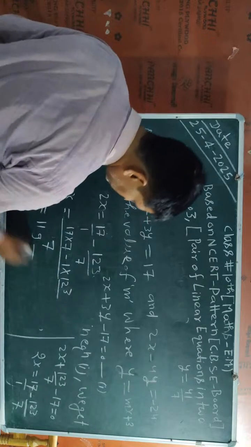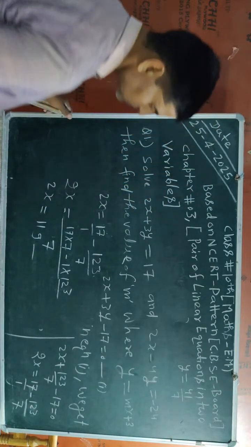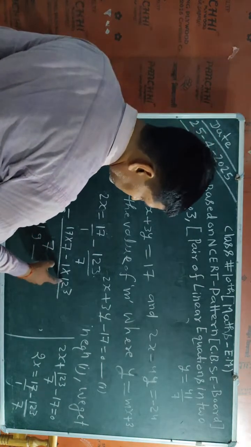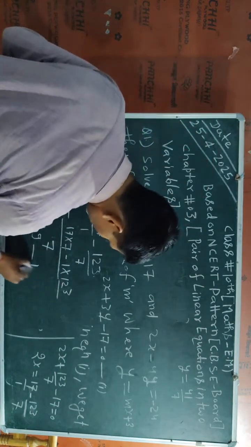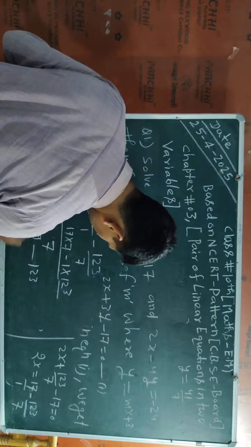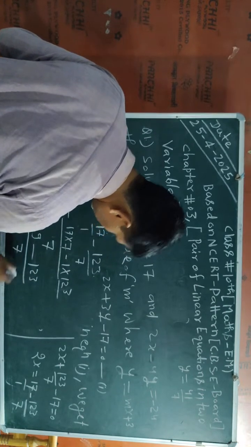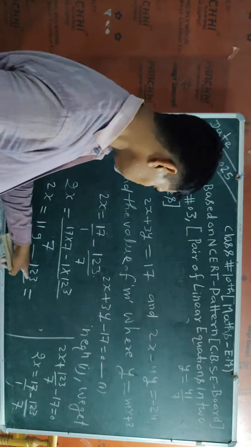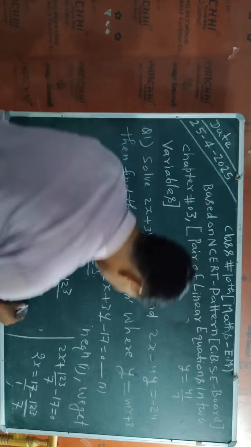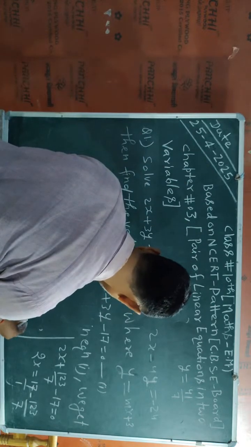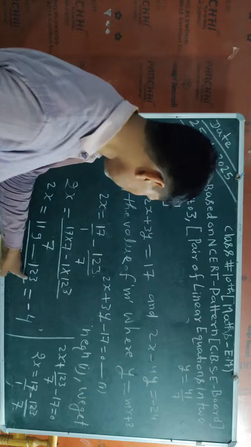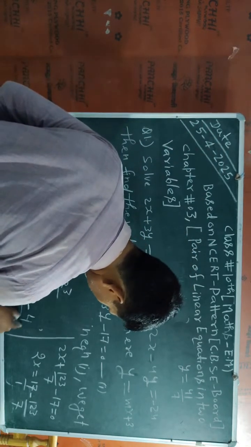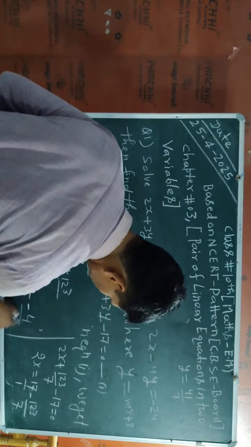Here I will put minus 123, that will be 123 divided by 7. So I will subtract, so it will be minus 4 divided by 7.